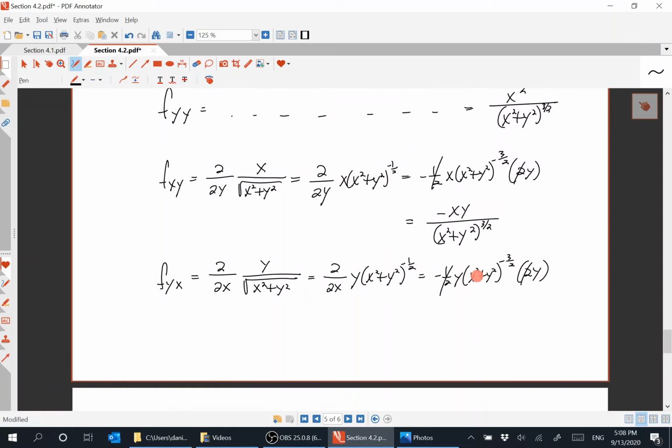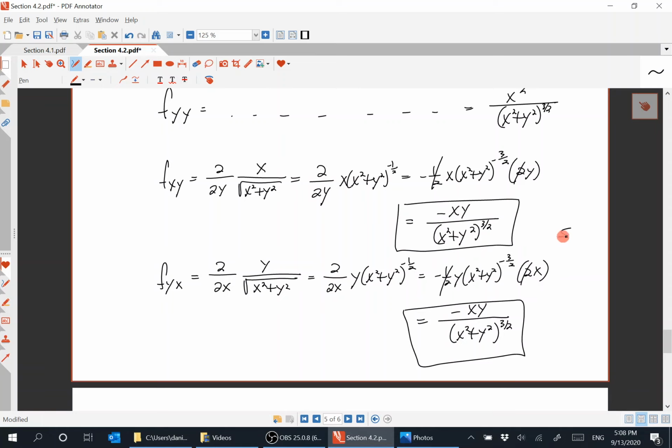The 2 and the 1/2 cancel, and we get minus xy over (x squared plus y squared) to the 3 halves. And these are the same, as they should be.